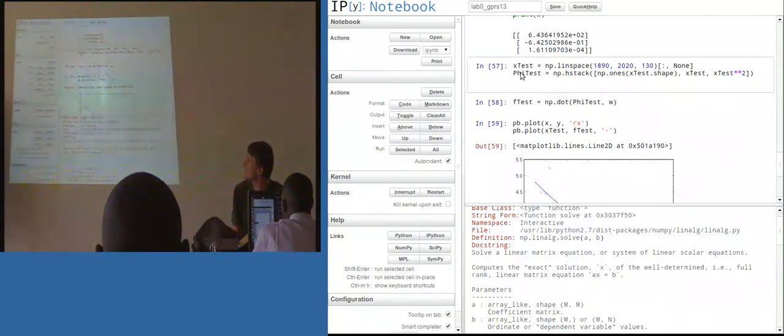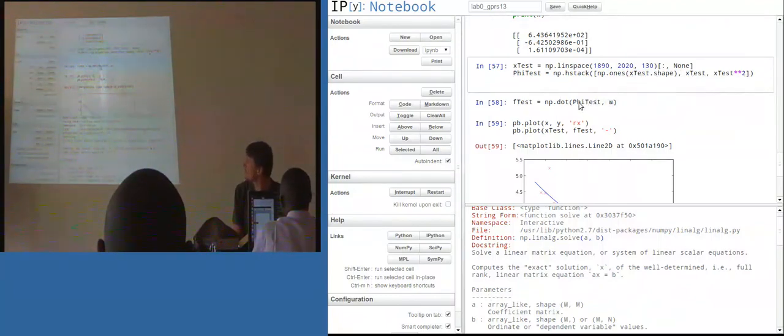Then I'm making the test data so I can do the plot. I want to see the response of the function at 130 points between 1890 and 2020. We're going to predict what Stephen's going to do in the 2016 Olympics, what time he's going to have to run. And then I'm creating phi again, the same thing but with X test.